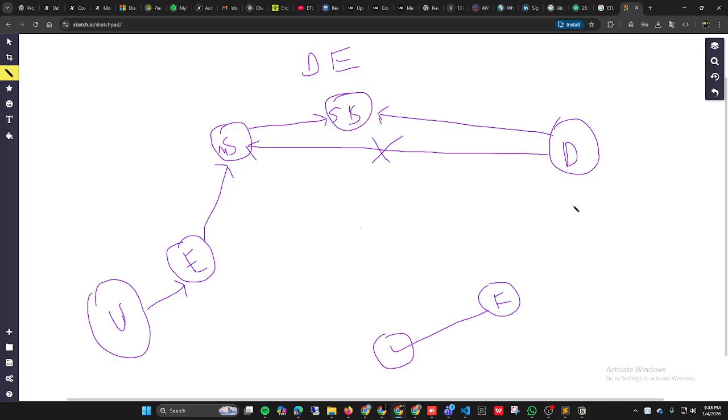For example, a company can have multiple data analyses. Just think about it: there is this data analysis, another data analysis, and another one.